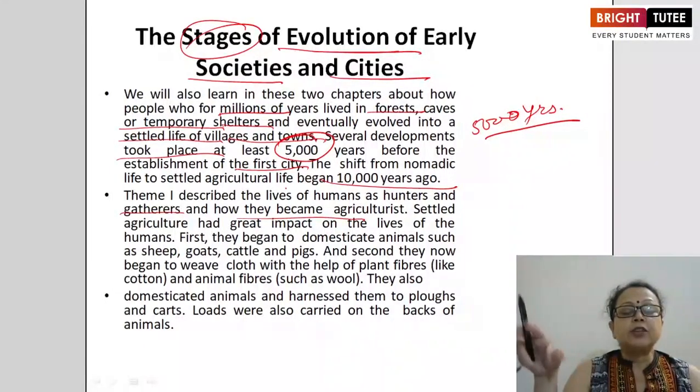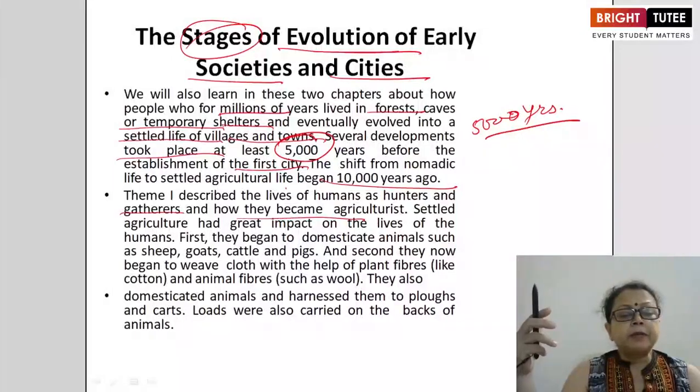Hunting and gathering was the main thing for people to survive on the earth. The concept of agriculture was not found in the very beginning. But gradually, these nomadic, early, primitive people developed the concept of agriculture.